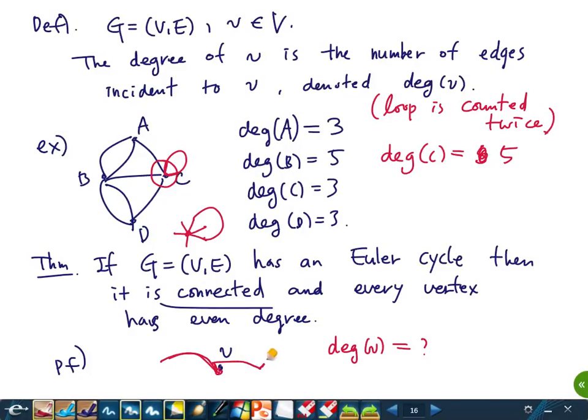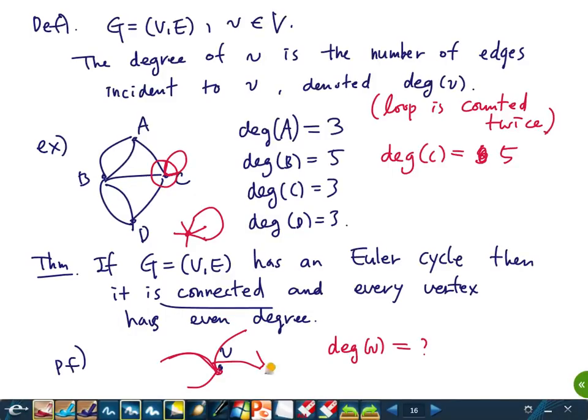Whenever this cycle meets V, there will be two edges connected to V: one edge entering V, and another edge when we exit V. So whenever you visit this vertex, you use two edges at a time.